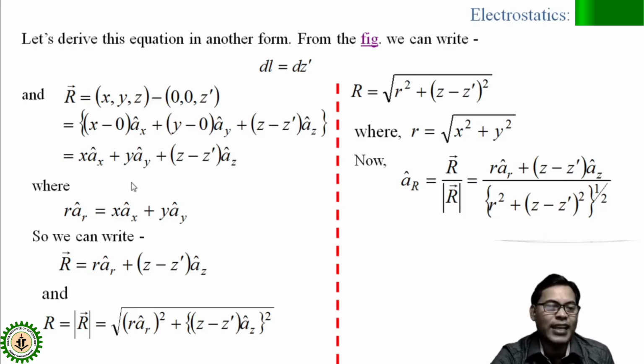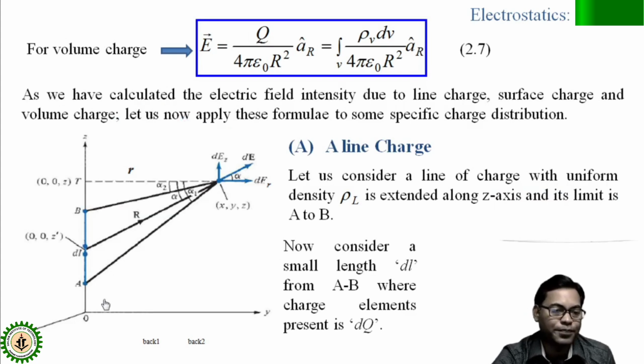Now you can see that x ax means along the x direction, amplitude x in the direction of unit vector ax, then we are moving in the y direction, so it is y ay.